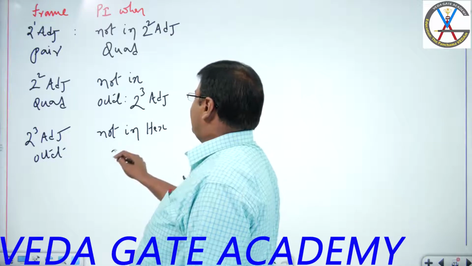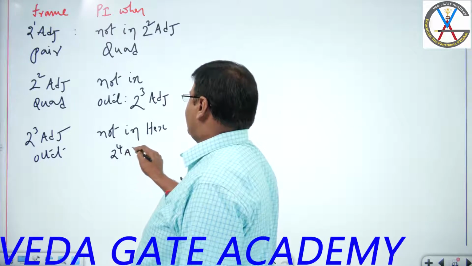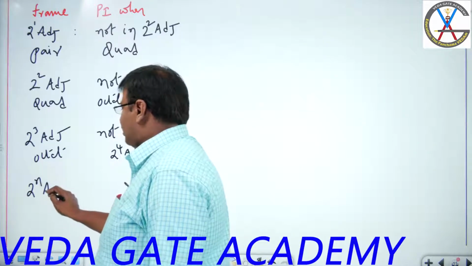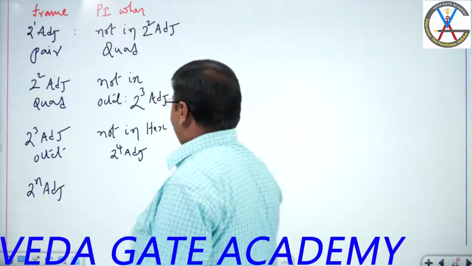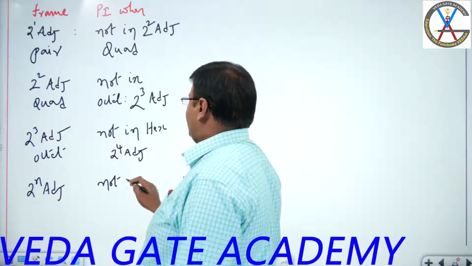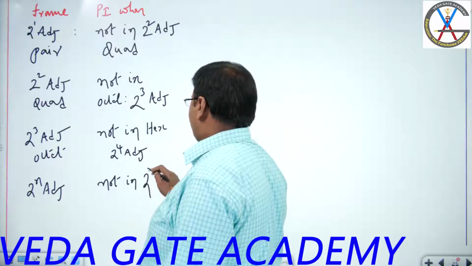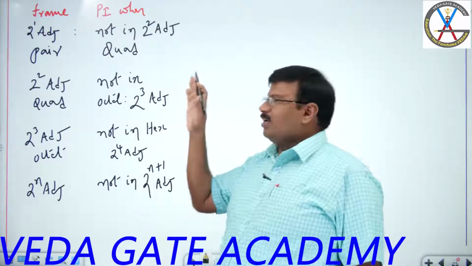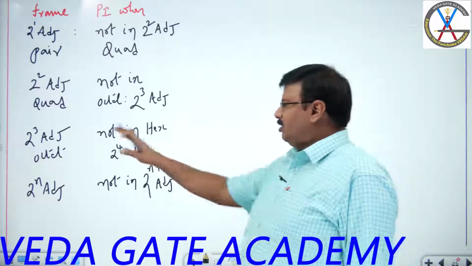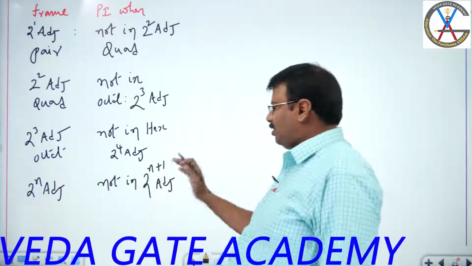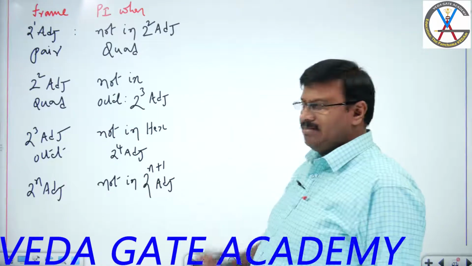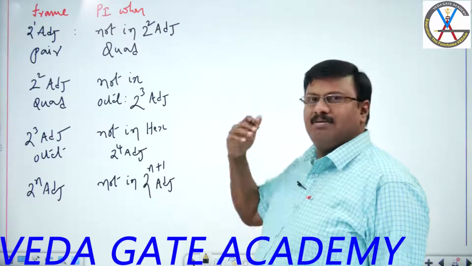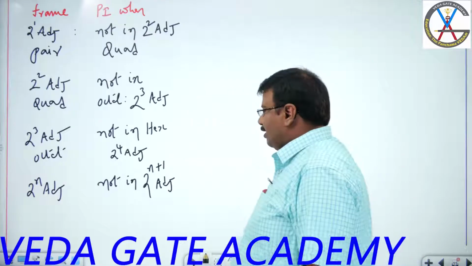What is hex? 2 power 4 adjacency. So similarly, 2 power n adjacency is a prime implicant when not in 2 power n plus 1 adjacency. You're clear, right? So pair not in quad, quad not in octet, octet not in hex, 2 power n not in 2 power n plus 1 are the prime implicants. Hope you're clear with this example, to solve many more one by one.